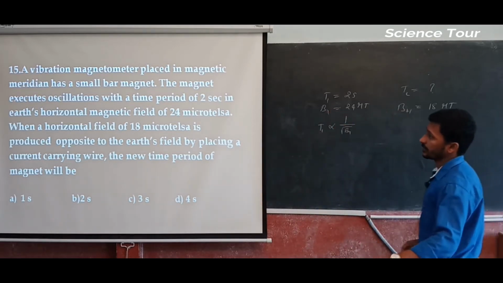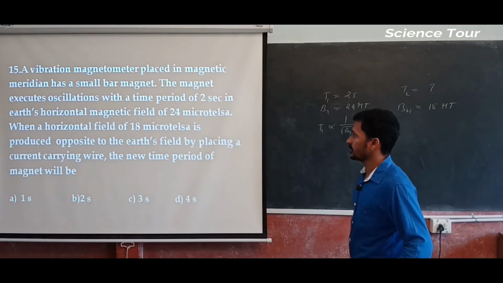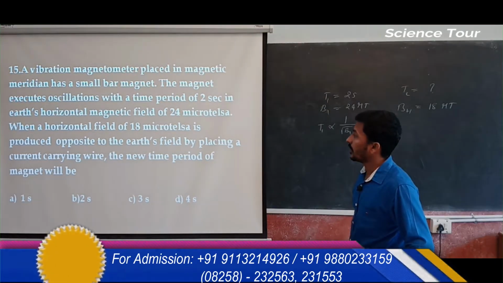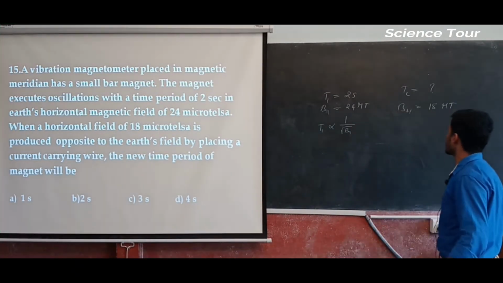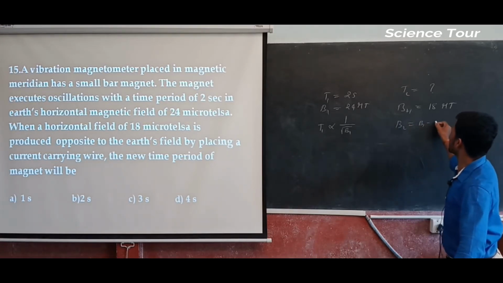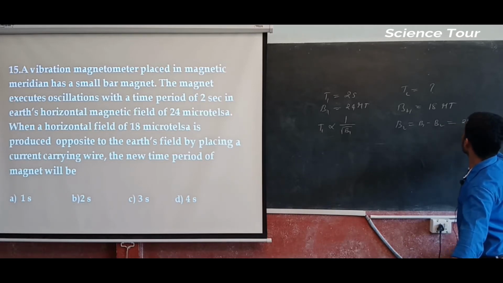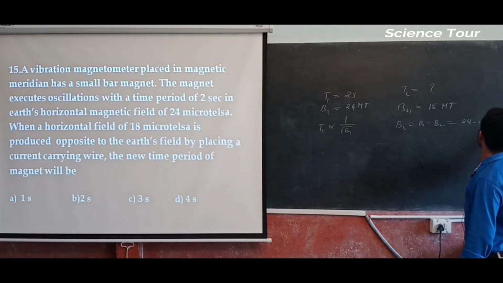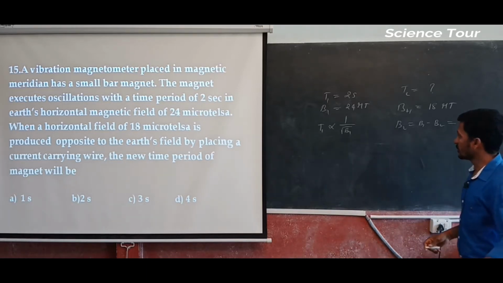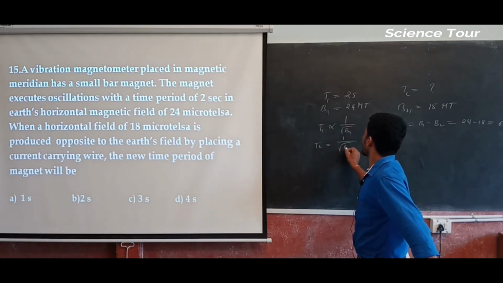Next, the horizontal magnetic field of 24 microtesla was there, and when a horizontal field of 18 microtesla is produced opposite to the Earth's magnetic field, what is the net magnetic field B2? B2 is nothing but B1 minus 18, isn't it, because it is placed opposite. So, 24 minus 18 is 6 microtesla. Okay. So, I can write T2 proportional to 1 by square root of B2.